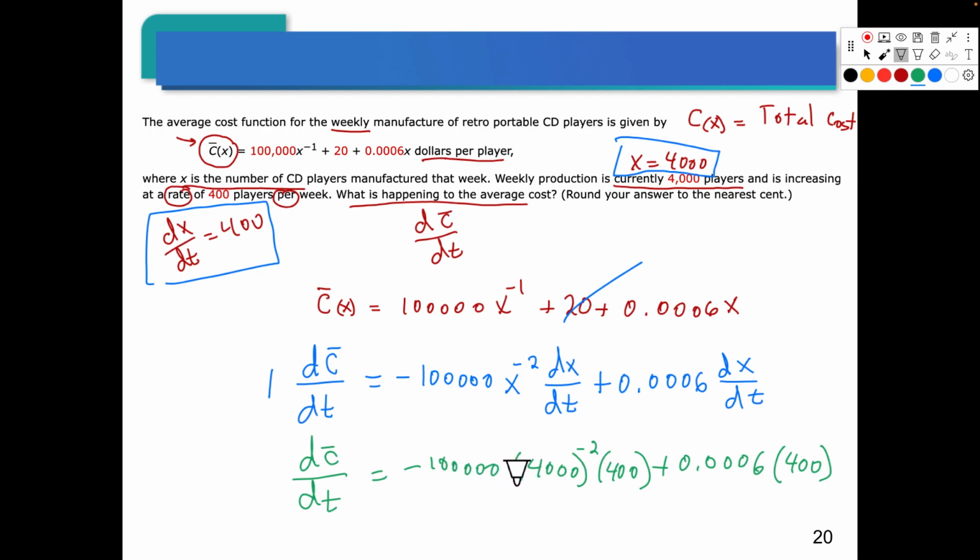Negative 100,000 times 4,000 raised to the negative 2 times 400, and I get that this whole value here is negative 2.5, and then I'm going to get plus 0.0006 times 400.